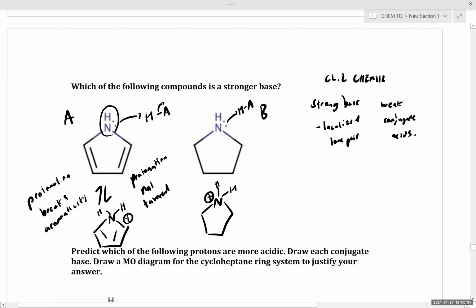And as a result, A or B, which molecule is the stronger base? If protonating pyrrole, which is structure A, is not very favorable, what does that tell us if we compare to structure B? If A is not a very effective base, while B has this nice isolated lone pair on nitrogen, in turn we can conclude that B is the stronger base.